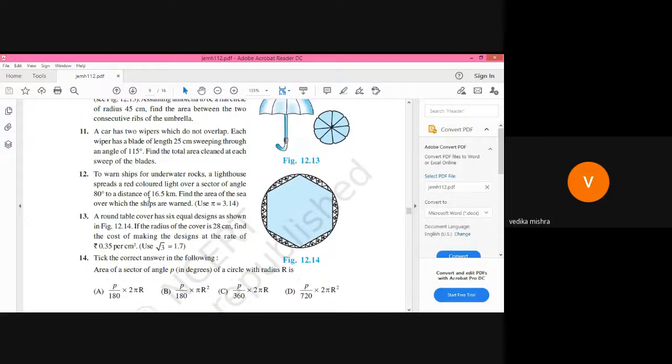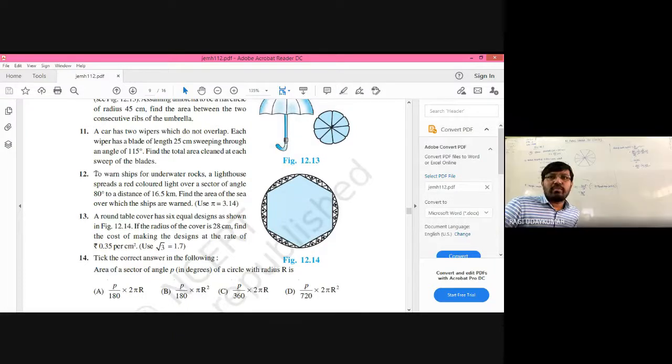Yes, sir. So the 12th problem. See, every situation is different. To warn the ships for underwater rocks, a lighthouse spreads a red color light over a sector angle of 80 degrees to a distance of 16.5 kilometers. Here the radius is 16.5 kilometers and the angle is 80 degrees: 80 by 360 into pi r square.